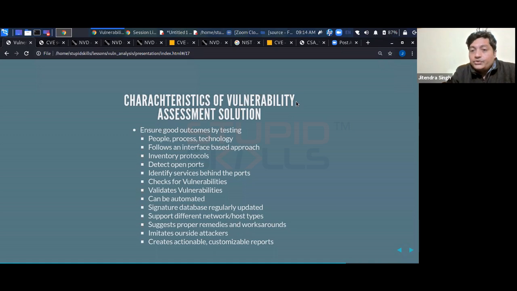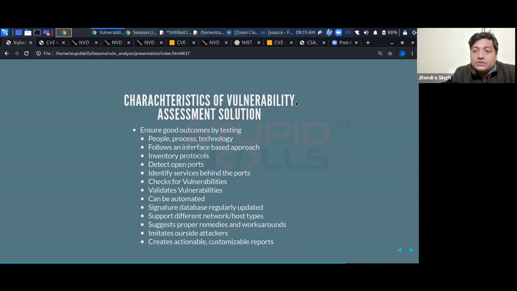Then usually these signature databases need to be updated regularly, and a solution should not cover only one kind of network, but almost all that is present in a company, like network or host types.